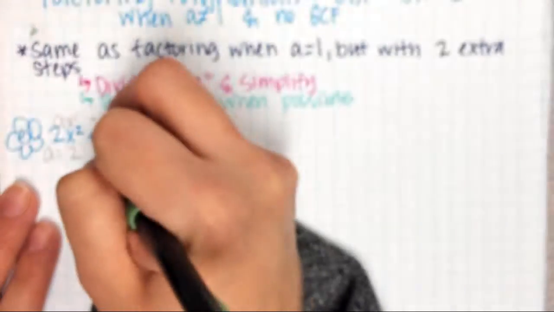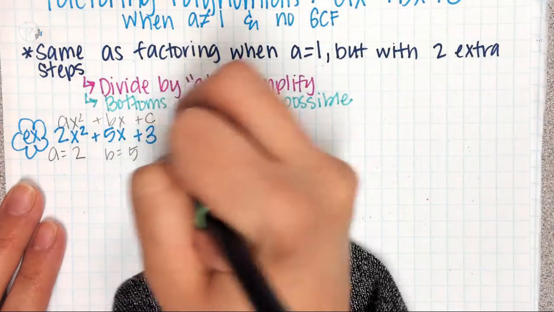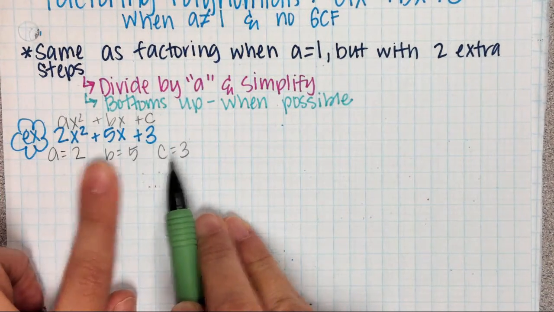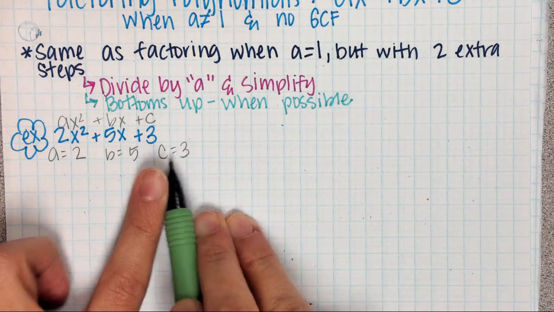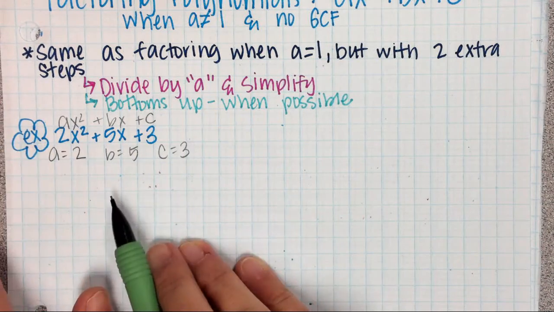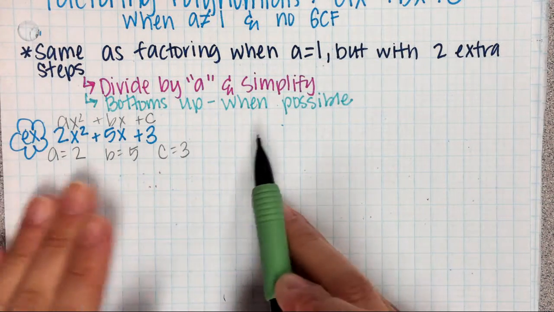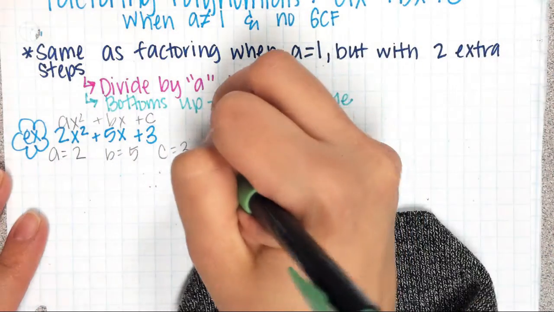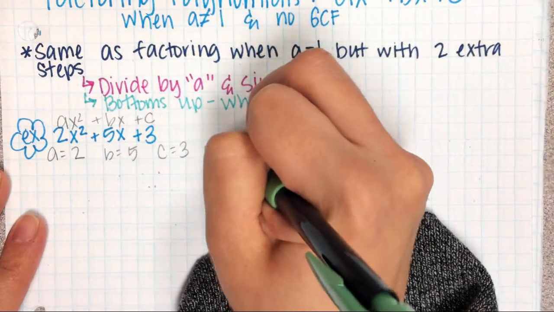My a is 2, b is 5, and c is 3. Notice out of my coefficients, 2, 5, and 3, the only factor that they have in common is 1. But we're not going to sit there and pull out a 1 because 1 multiplying by 1 is the same thing. It's not going to change anyway how it looks. So there is no GCF.